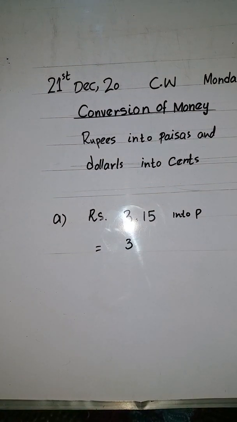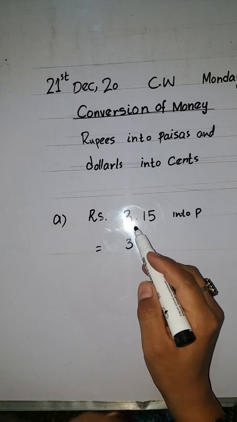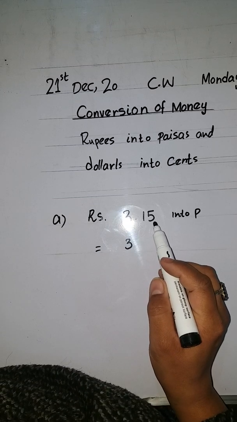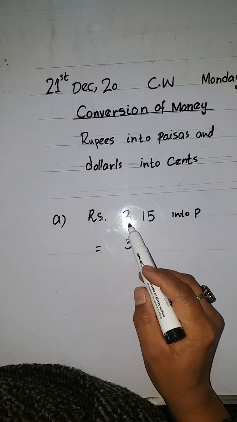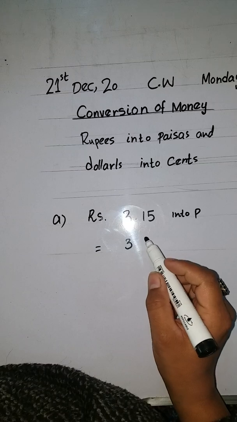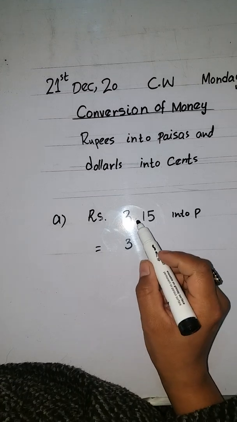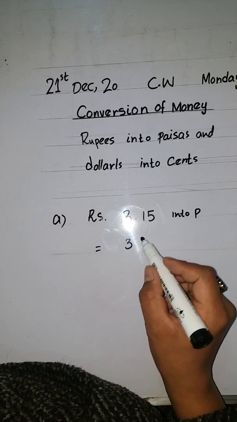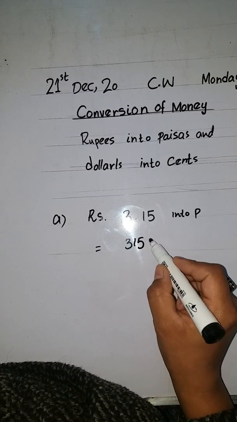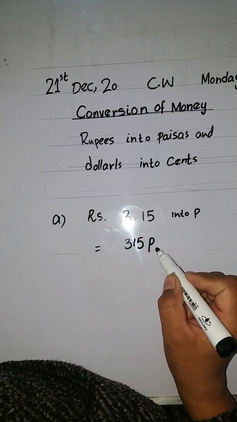Grade 3, in another example, when money is written in the form of 3 rupees and 15 paisas, what we will do here is remove the point and RS. So we will write only 3, 15 and we will write only P. It means 315 paisas.